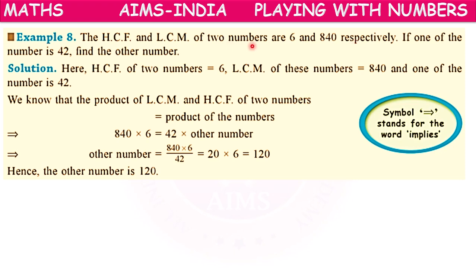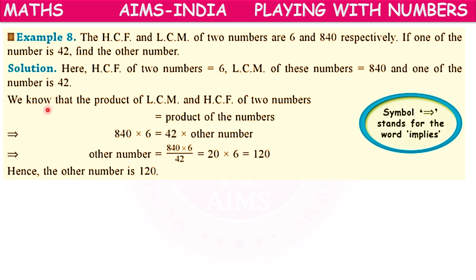They have not given the numbers, but their HCF is 6 and LCM is 840. One of the numbers is 42. Then what is the other number?